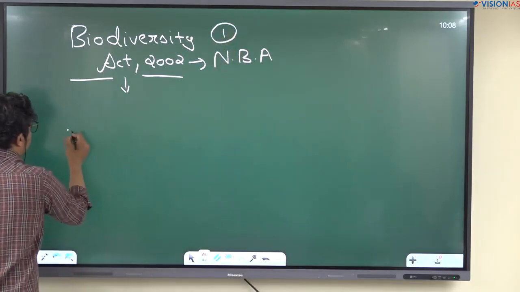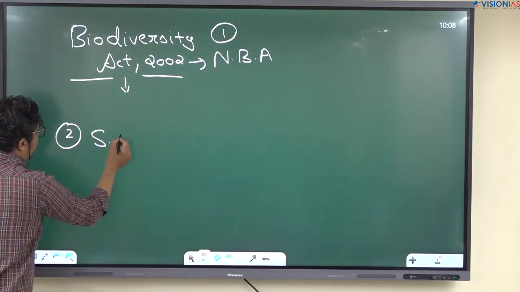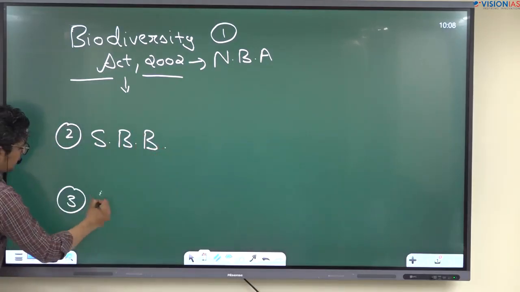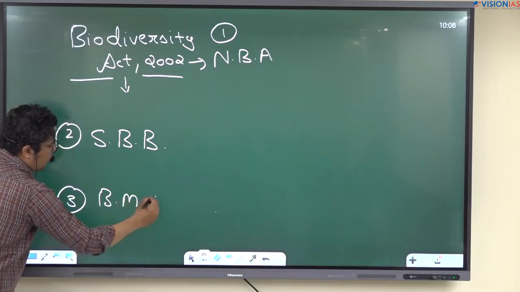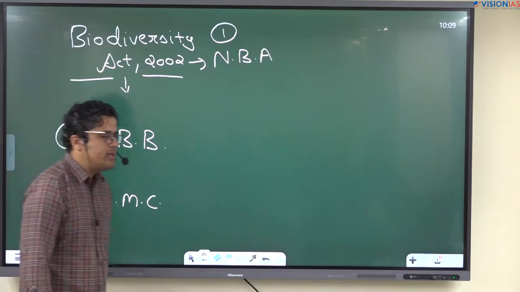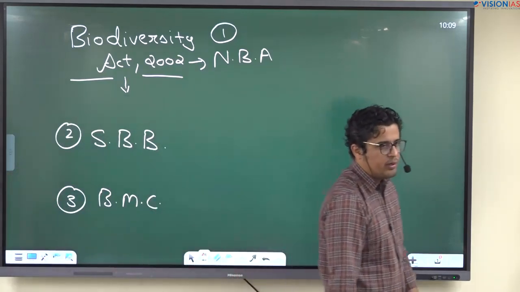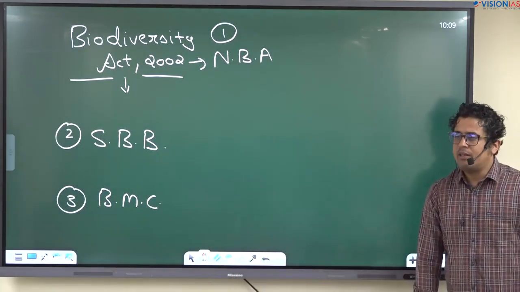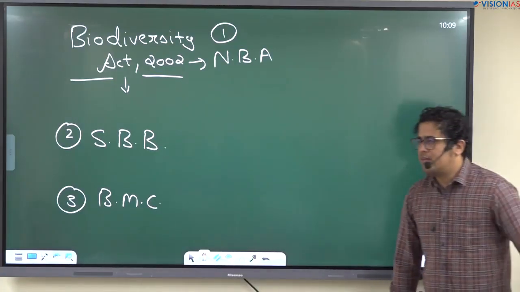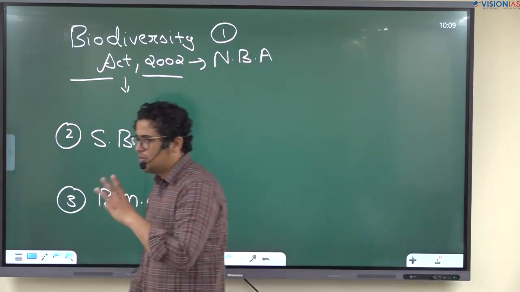Read the full form of these three. It is written in your printout. NBA is National Biodiversity Authority. SBB is State Biodiversity Board, and BMC is Biodiversity Management Committee. So three organizations were set up.